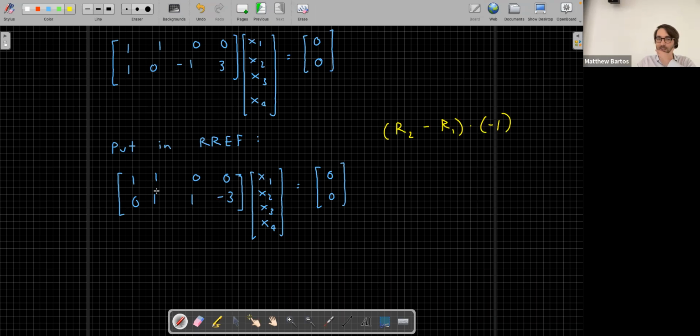And now we can subtract R2 from R1, so R1 minus R2, and we should get 1, 0, -1, 3. So this is in reduced row echelon form, where we now have 2 pivot columns. These are called pivots. They have a 1 in the leading entry and a 0 everywhere above and below. And these 2 columns here represent our free variables.